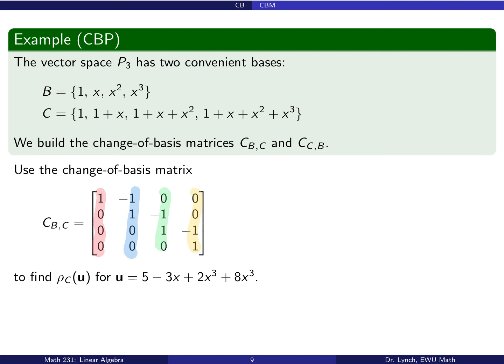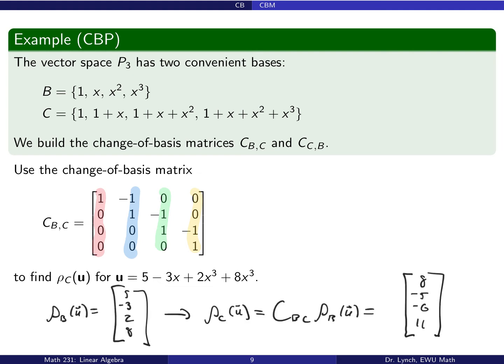So now we can find the coordinatization of an element, say U, just by doing matrix multiplication. Since it's quick to find the coordinatization of this element U with respect to the basis B, and the matrix multiplication is also pretty quick, it's pretty quick to find the coordinatization of U with respect to the basis C, and all it requires is matrix multiplication.